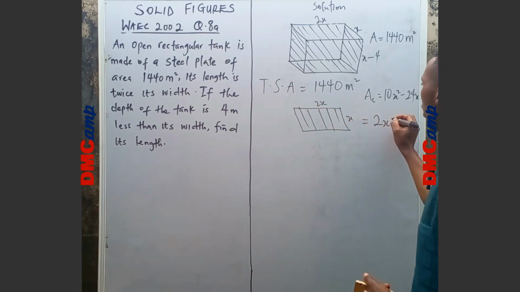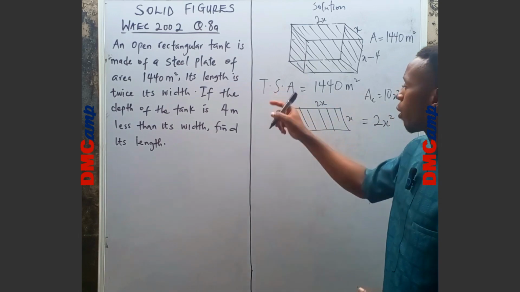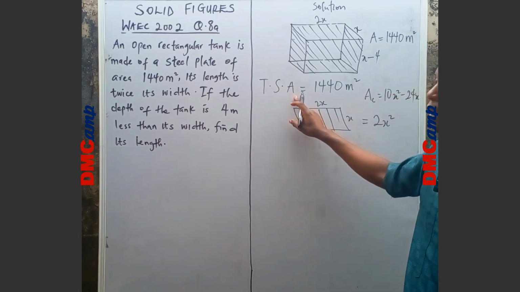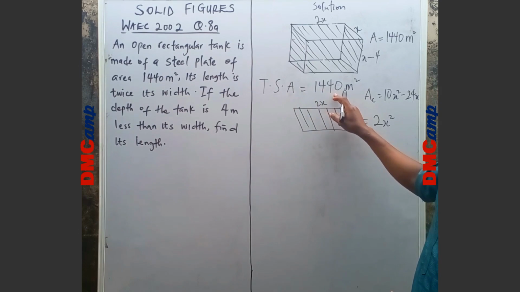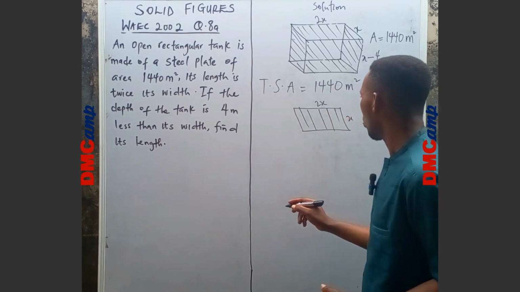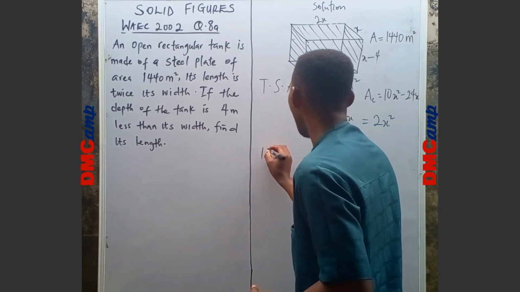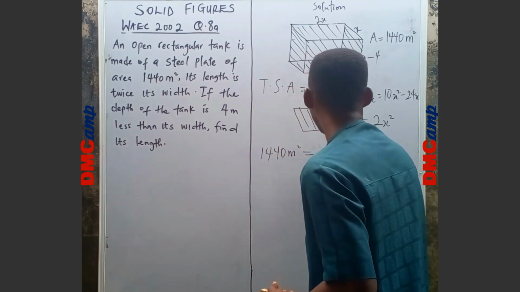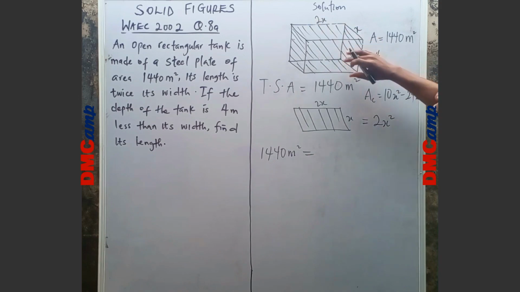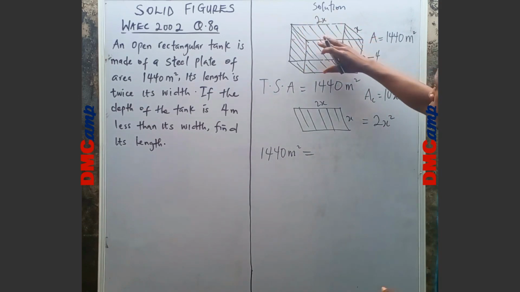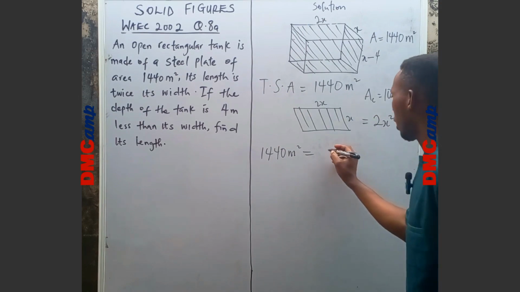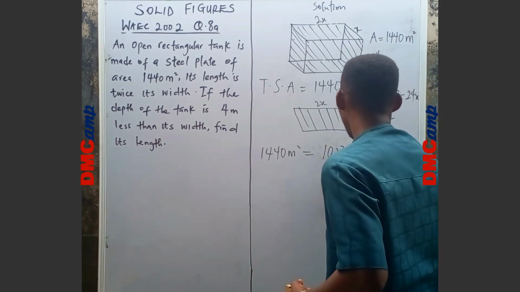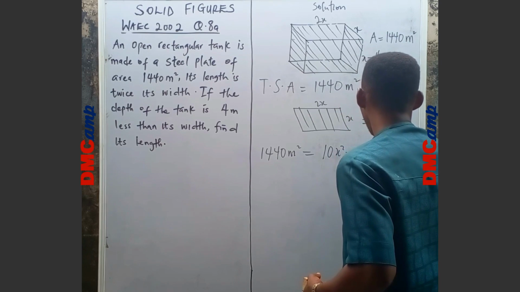that is 2x squared. But don't forget that the total surface area is 1440. So we are going to say 1440 meters square equals the area of the cuboid without an open face. Here is 10x squared minus 24x.